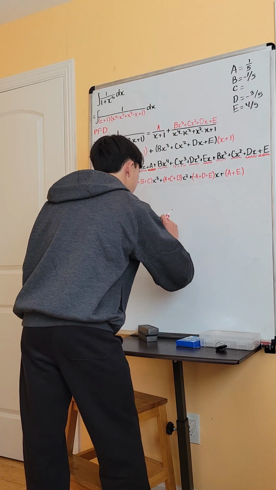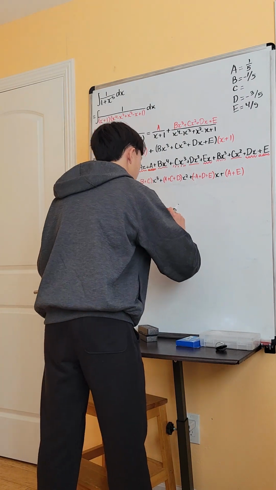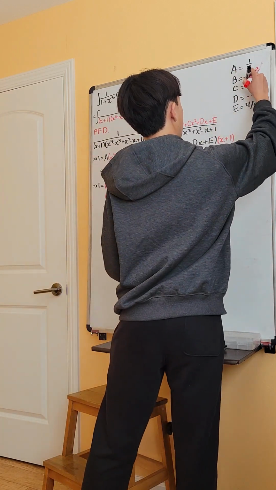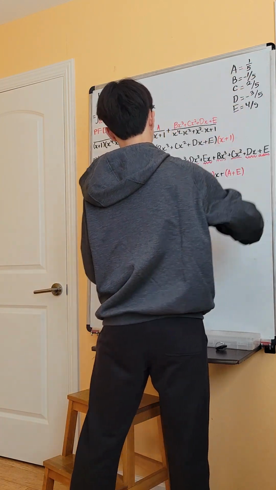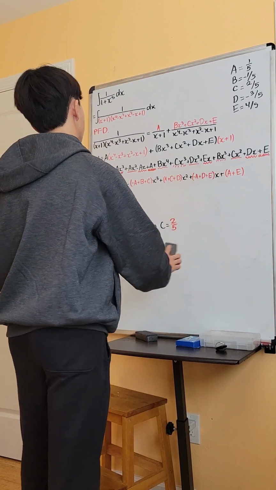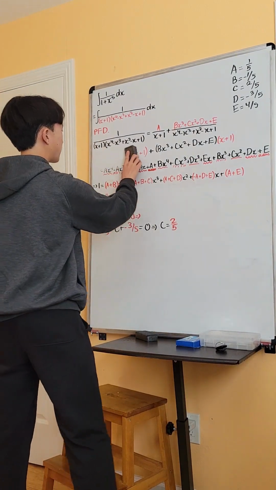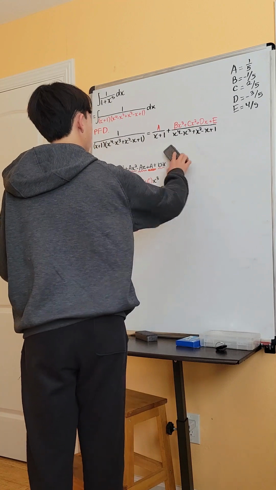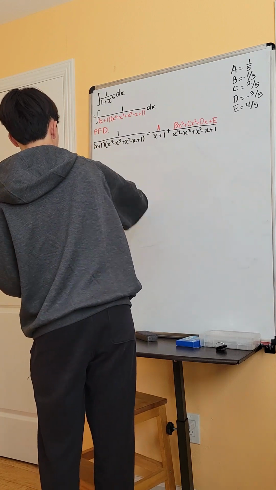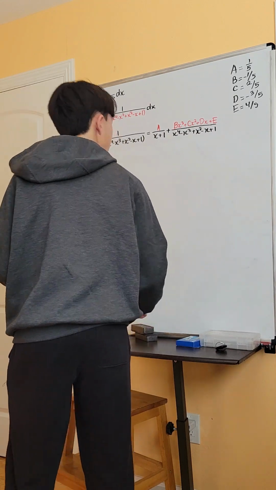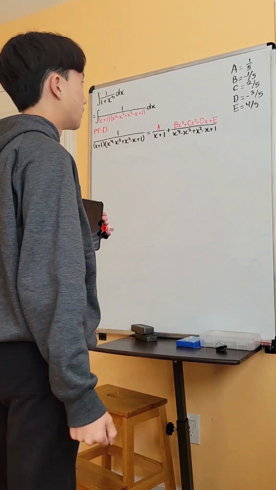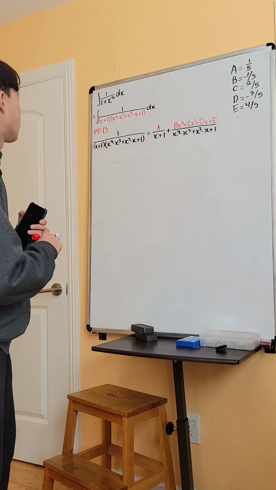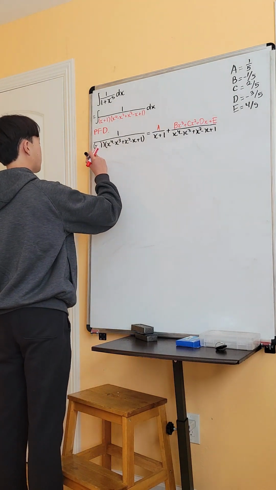So therefore, C is equal to 2 over 5. So just write that down here, 2 over 5. There we go. So now we can get rid of all of our partial fraction work. And by the way, we're going to need to do something very similar later on, but it's not going to be as nice as this. But yeah, we have all of our coefficients, and therefore can rewrite all of this.